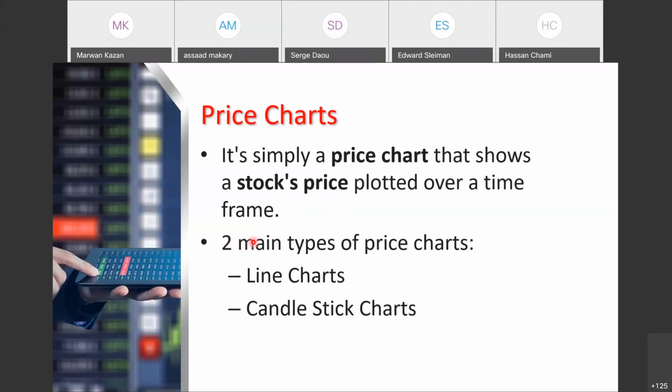Now the main types of price charts are line charts and candlestick charts. You may be very familiar with line charts because they are very simple and widely used, and you're also going to see candlestick charts and see if we can use them and which one is better.